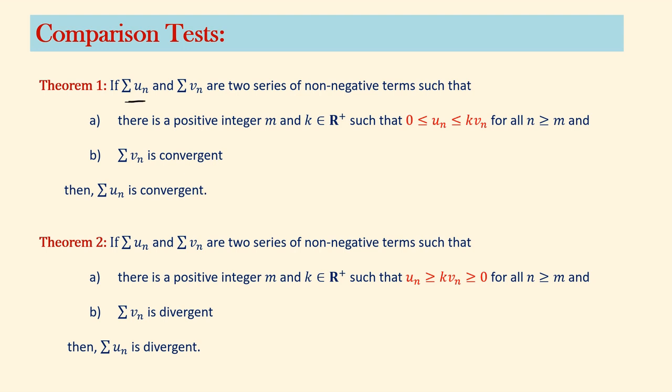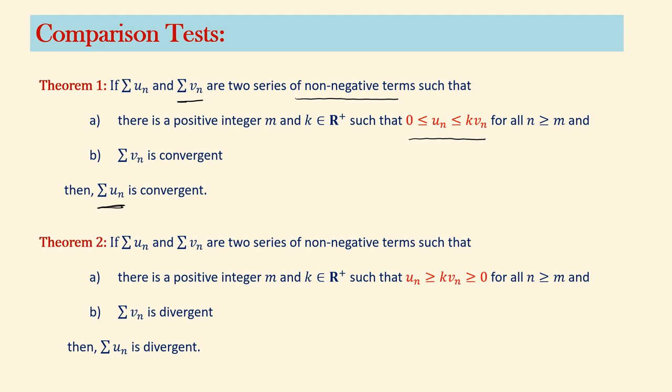If summation un and summation vn are two series of non-negative terms such that there is a positive integer m and k belongs to R plus such that 0 less than or equal to un less than or equal to k times vn. If this condition is satisfied for all n greater than or equal to m and summation vn is convergent, then summation un is also convergent.